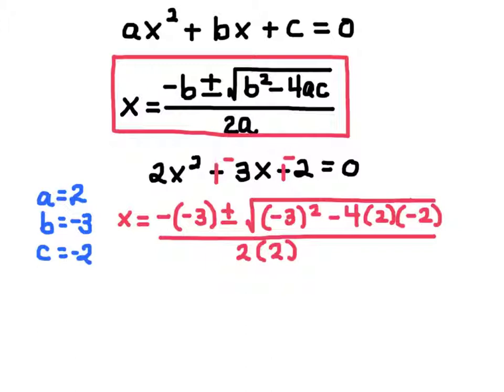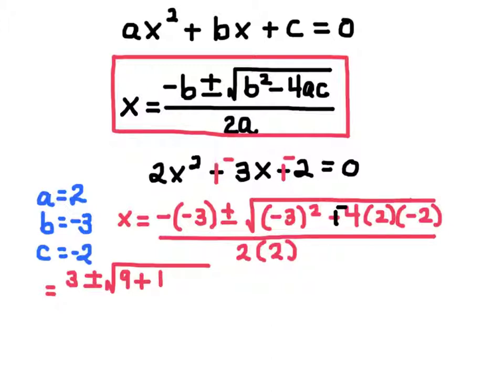I have a negative times a -3, which is a +3, plus or minus the square root of -3 squared, which is 9, plus, and I'm saying plus because this is really a -4, I have a -4 times a -2 times a 2. 2 times 2 is 4. 4 times 4 is 16. I have two negatives, which make it positive.